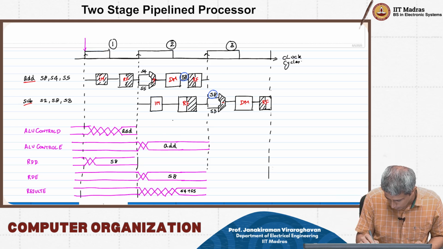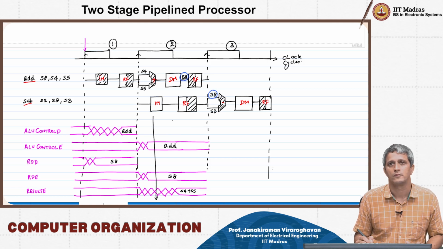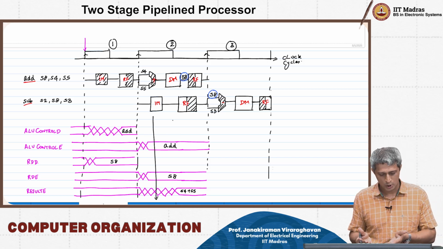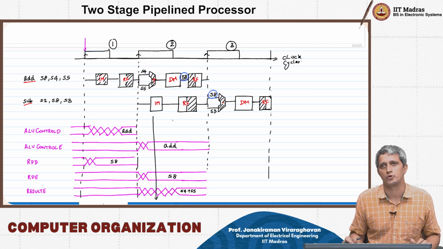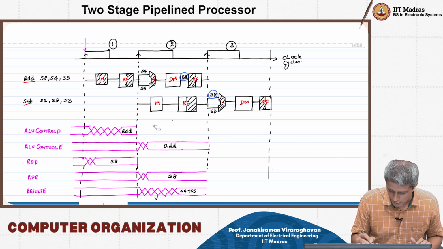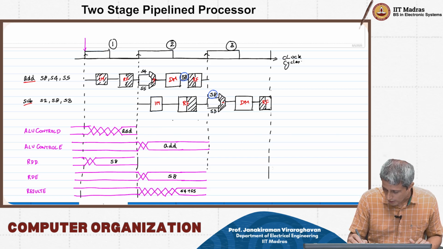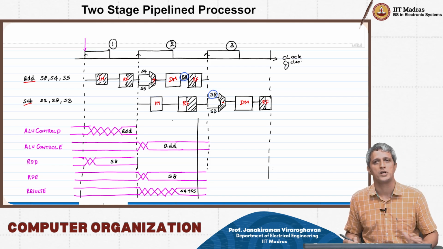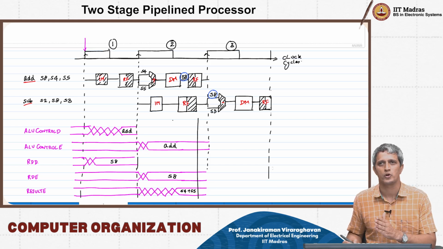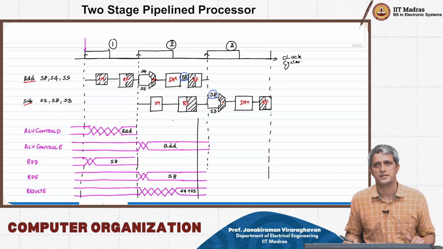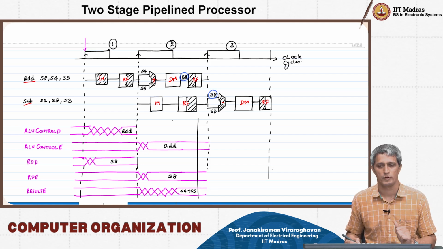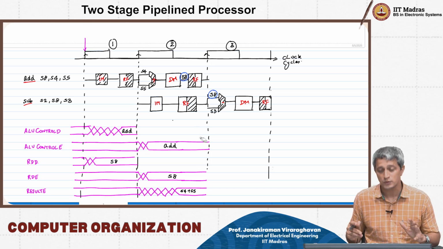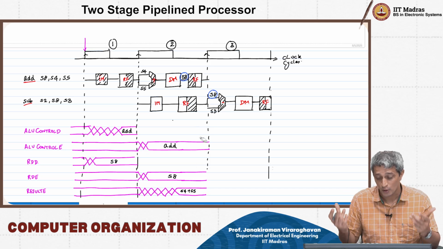If you sample this too early, you will get wrong data because my ALU has not finished execution. So the key point is, if you wait long enough in a combinational block, sample it somewhere very close to the other edge. Of course, you cannot sample it past T setup, so it has to be T setup before that. You will be able to get the right answer, and that is what we want to write back into this register.